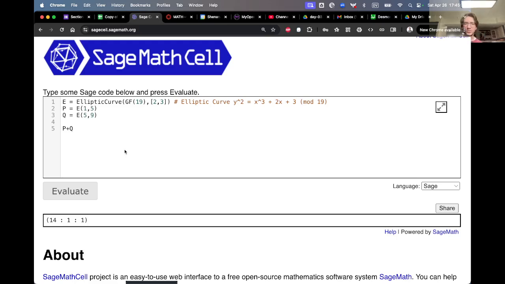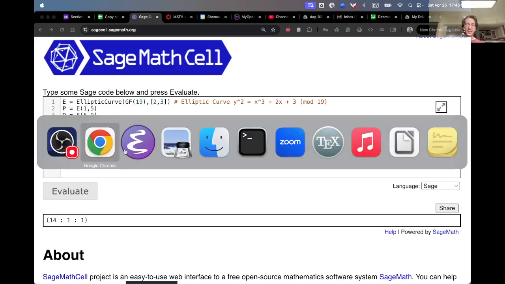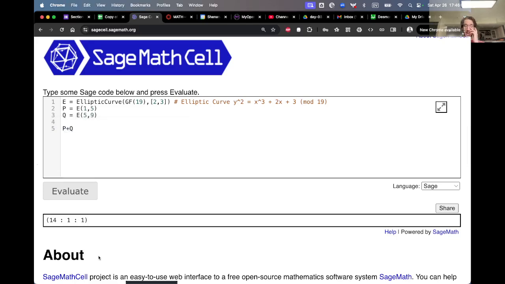I would encourage you to do this calculation by hand one time using the formulas we developed. I know you're probably laughing at me right now, but I would encourage you just to see that you can do it. It's a lot of steps, but it's what we've been doing all semester, modular arithmetic. I would encourage you to try it out yourself. Okay, you should get (14, 1).